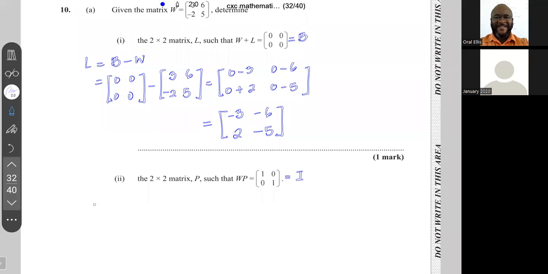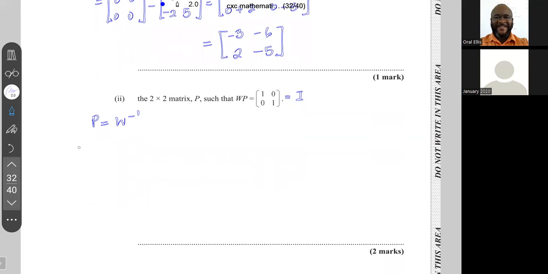So the matrix P must be equal to the inverse of W. If I'm multiplying W by P and getting the I matrix, it means P must be the inverse of W.